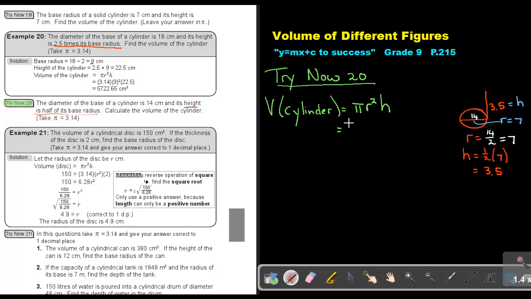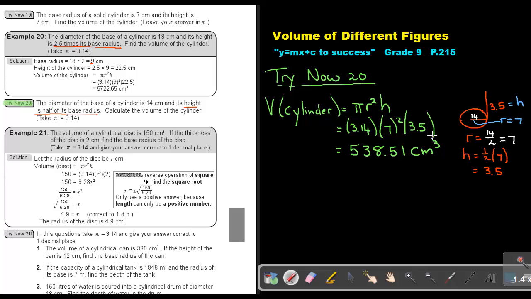Let's just see, 3.14. If they give you pi, you have to substitute it. So what will be the radius? The radius will be 7. And what will be the height? 3.5. Then just take your calculator and press everything on the calculator. So the answer is 538.51, and that will be cubic centimeters.